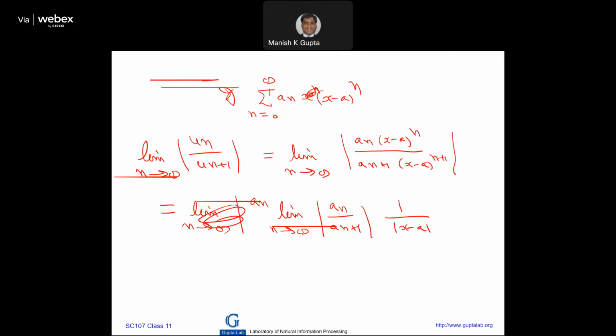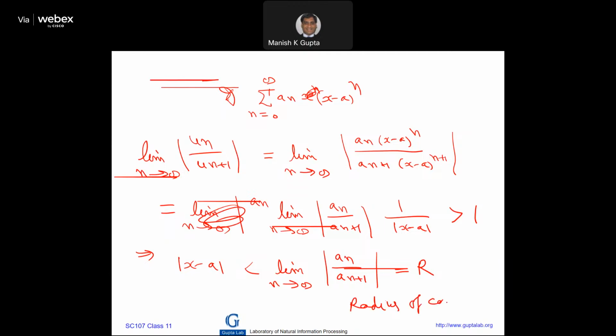We know that the series is convergent if this whole thing is greater than 1, that condition that I told you, the ratio test. This implies that I can take mod of x minus a to the other side. Mod of x minus a will be less than the limit as n tends to infinity of mod of a_n divided by a_(n+1). So this quantity we call capital R, and this is known as the radius of convergence.